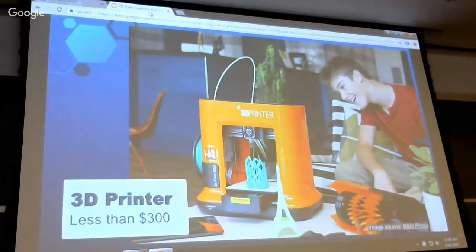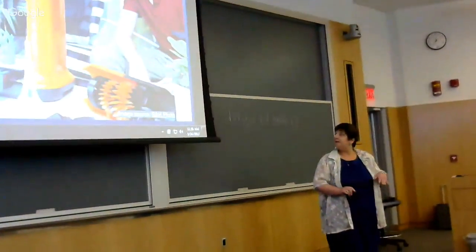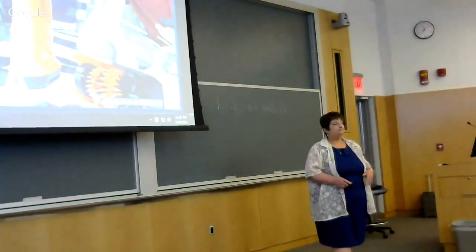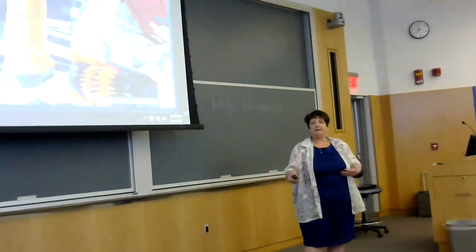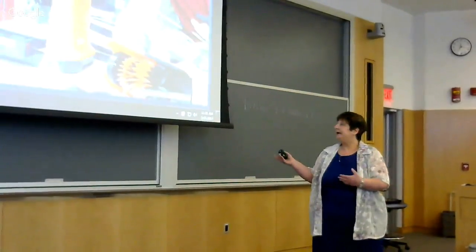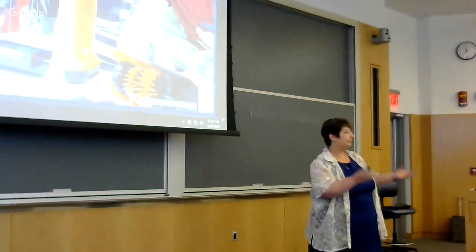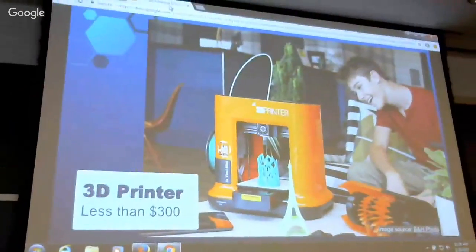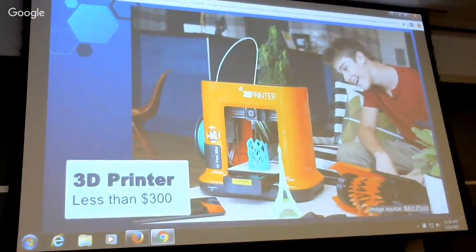3D printers. You can get one nowadays for just a couple hundred dollars. Bring it into your classroom. Now when you need some kind of part, you're building something in your classroom, those parts might be able to be created using 3D modeling tools like 123D Catch or 3D Sketch from Google. And you can build that just layer by layer.